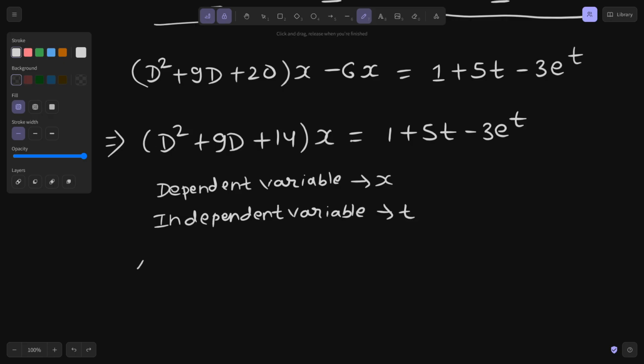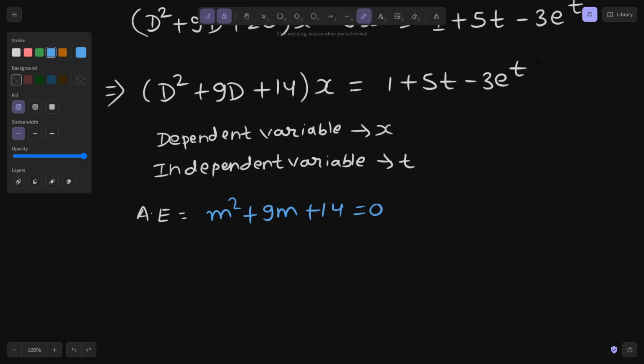So now if I find my auxiliary equation, that will be, just replace capital D by m. So m square plus 9m plus 14. This is what you are getting from the bracket. Equate it to 0. Fine. So I can write 14 as 7m plus 2m, so m square plus 7m plus 2m plus 14 equals 0.